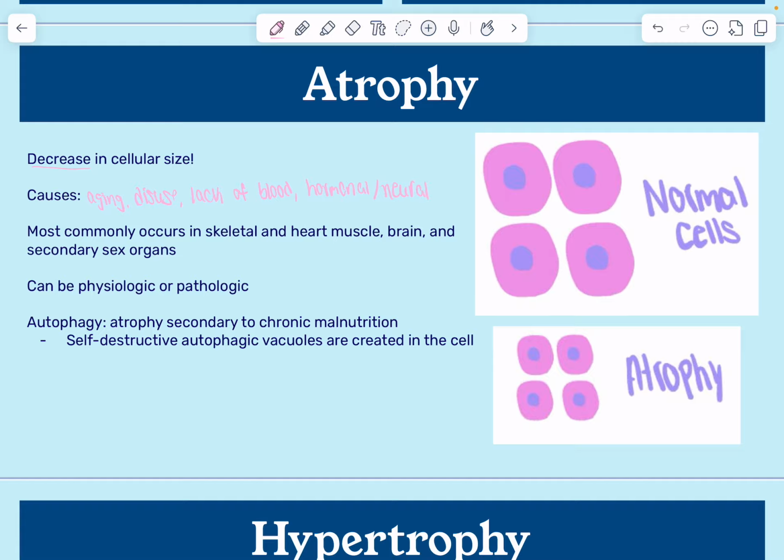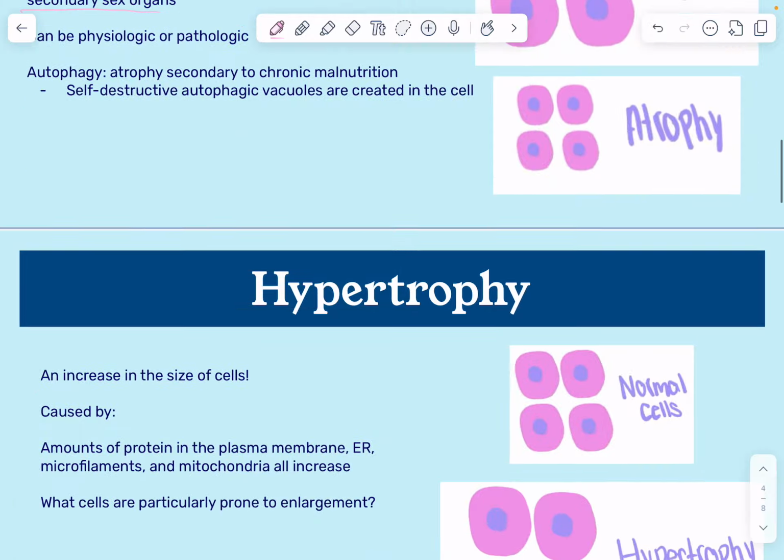This most commonly occurs in our skeletal and heart muscle, brain, and secondary sex organs, and this change is both physiologic and pathologic. One way that these cells change is by autophagy, and this is atrophy secondary to chronic malnutrition. And self-destructive autophagic vacuoles are created in the cell, which leads to the cell decreasing in size.